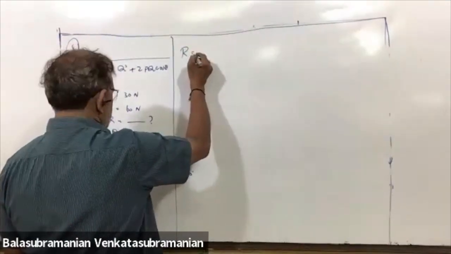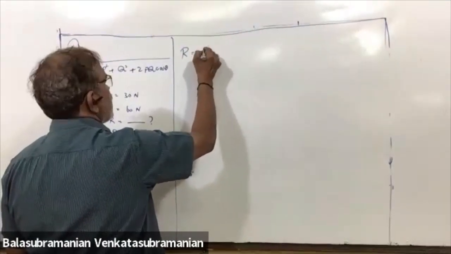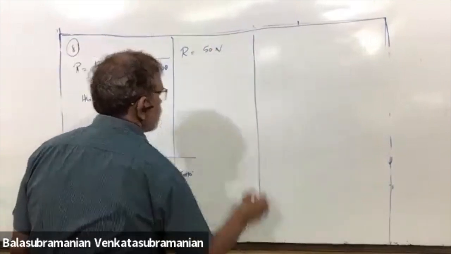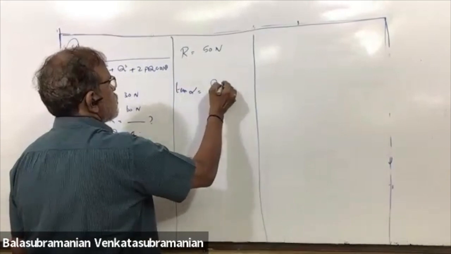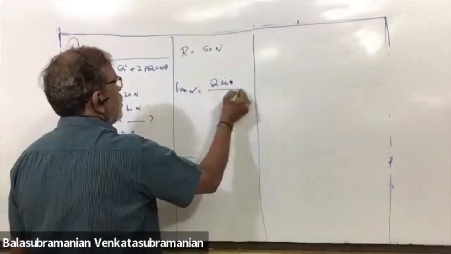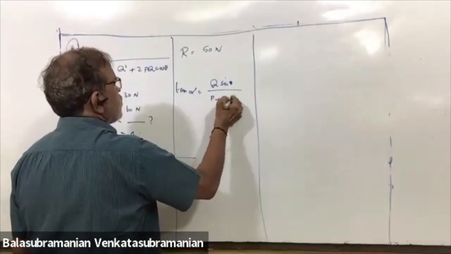Root of 2500, 50 Newton. So tan alpha is equal to Q sin theta by P plus Q cos theta.